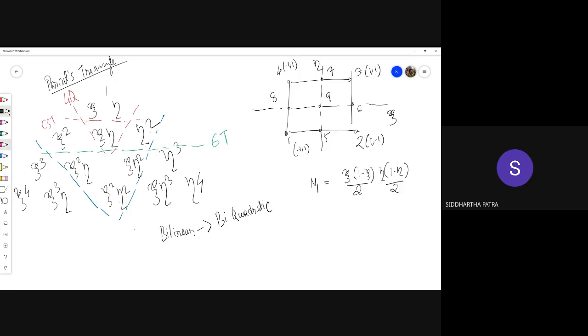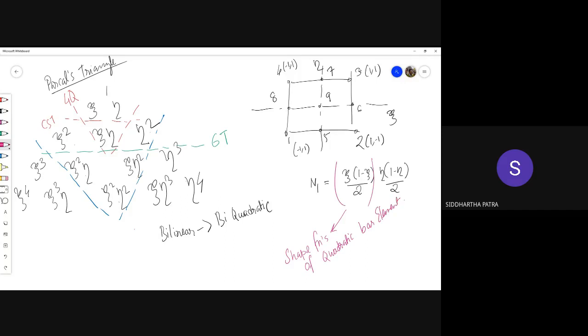Individually these are the shape functions of the quadratic bar element.